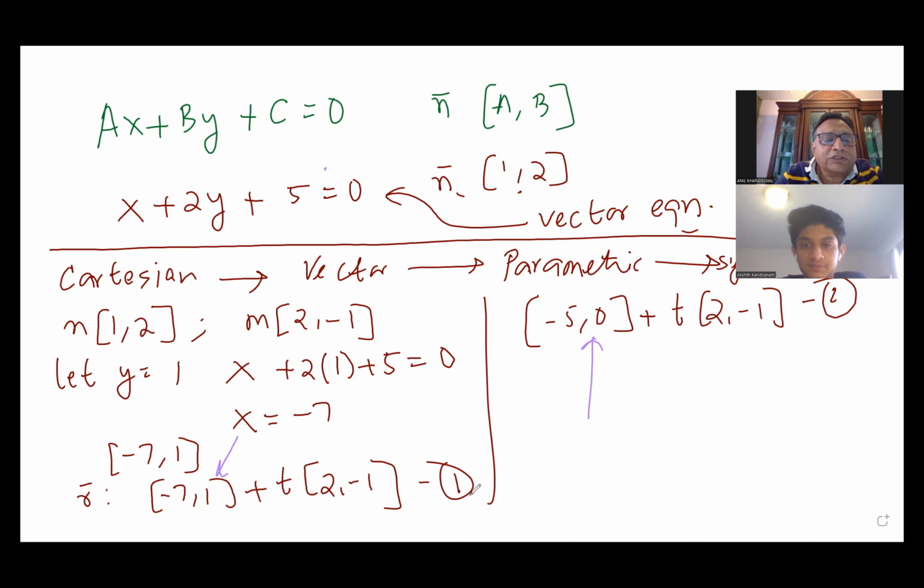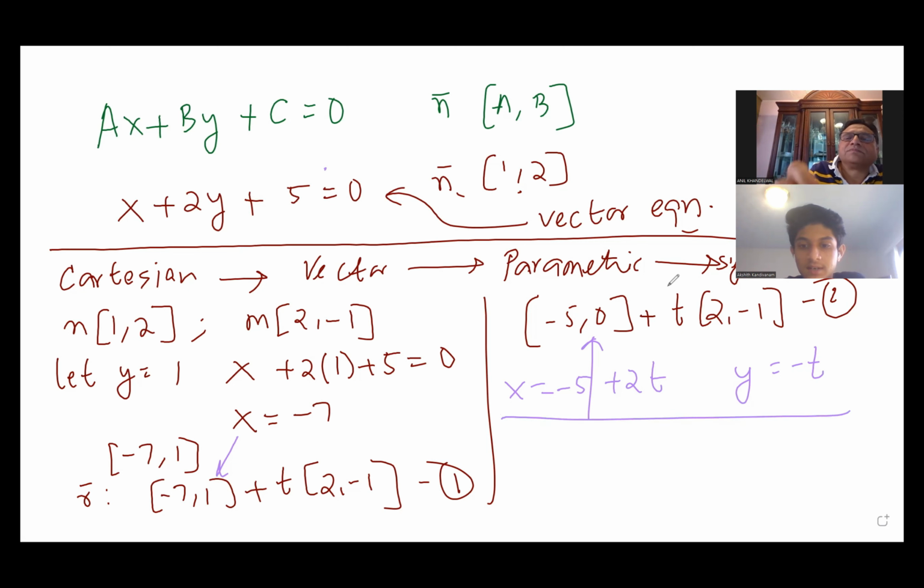And now, once you get the vector equation, can you tell me how you will get the parametric equation? Yes, sir. Then we can simply say that x is equal to -5 plus 2t, and y is just -t. Correct. So you got the parametric equation, right? And how do you get the symmetric equation?